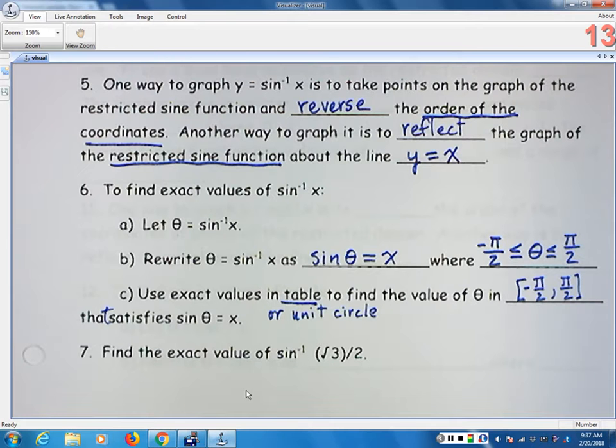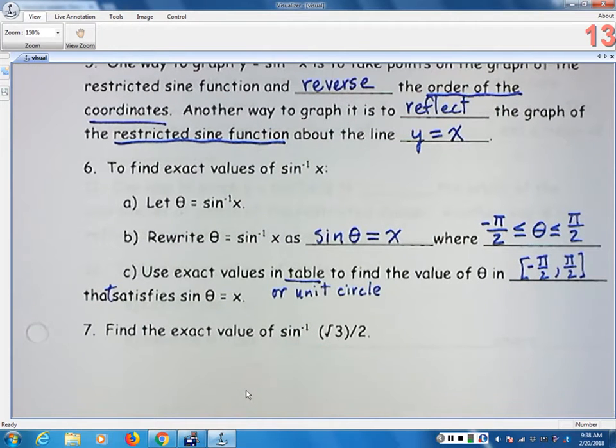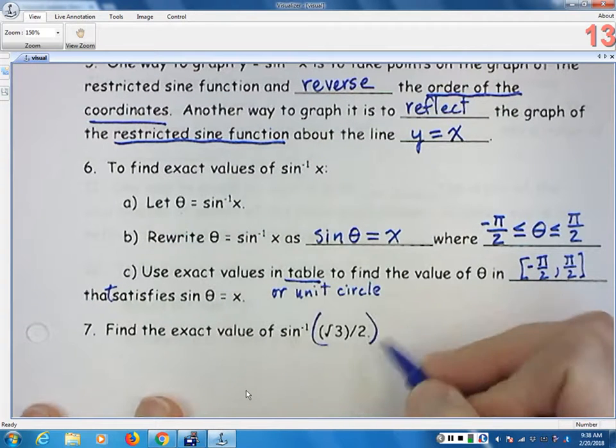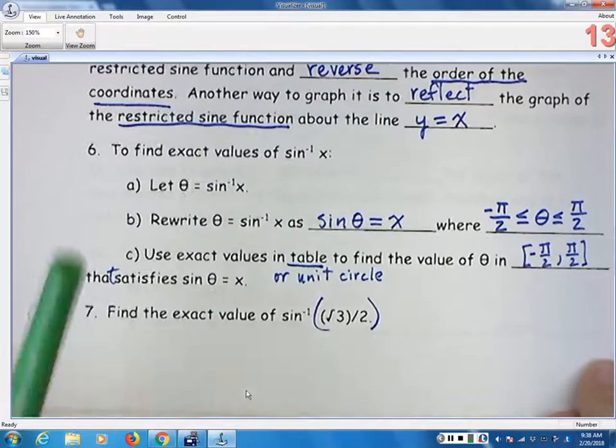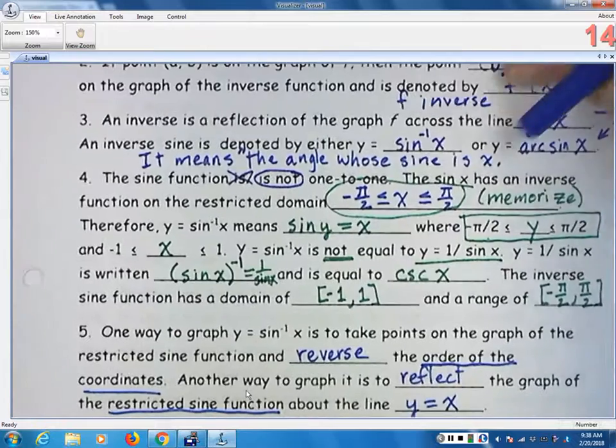So we're going to find the exact value of inverse sine of the square root of 3 over 2. So it goes to the next page.